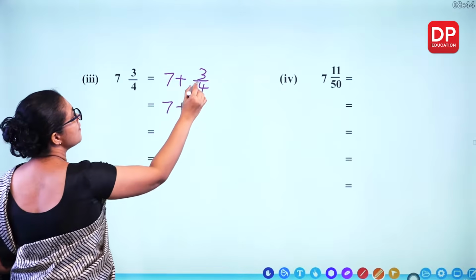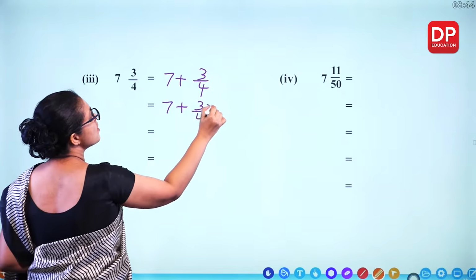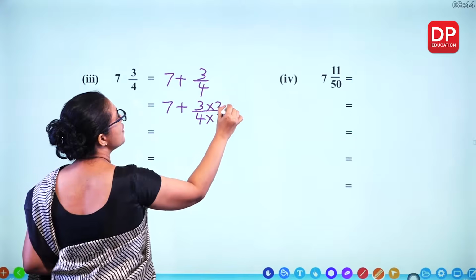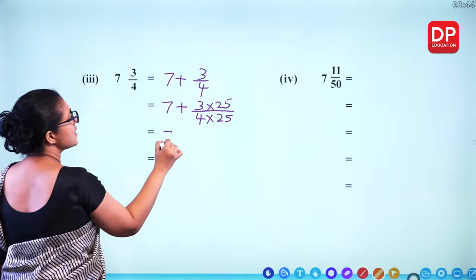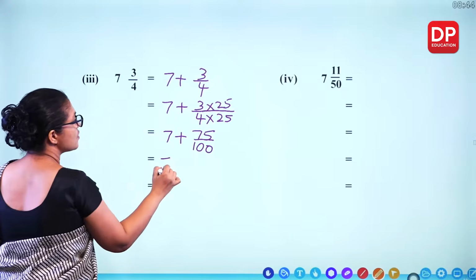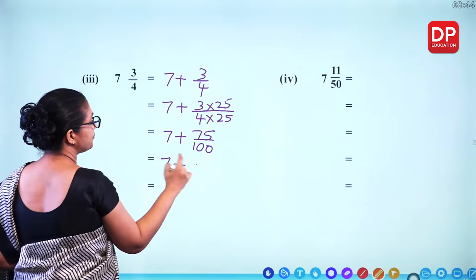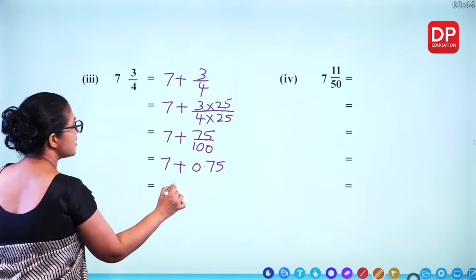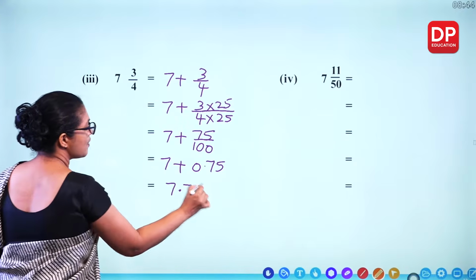So how can you convert 3/4 to a decimal number? You can multiply by 25, both the numerator and the denominator. And here 75 over 100. So 7 and here 0.75. You can write 7.75.